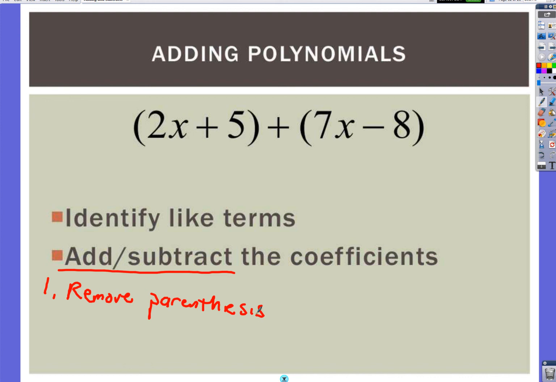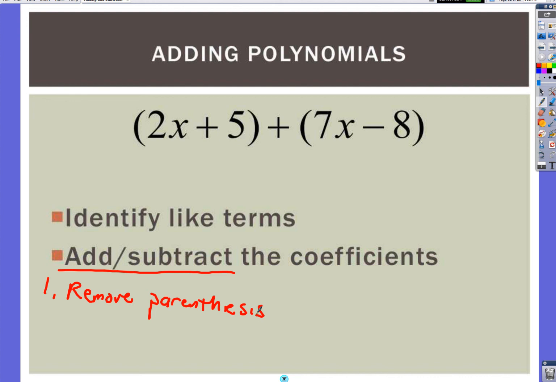Have you heard about PEMDAS? Please excuse my dear Aunt Sally, also known as order of operations. And in PEMDAS, the parentheses tells you, hey, do what's inside. And because we haven't gotten into variables yet, you typically can't do what's inside. And you guys learn that, and you stick to it, and you never want to let it go. So we get to here, and you say, hey, 2x plus 5, 7x.